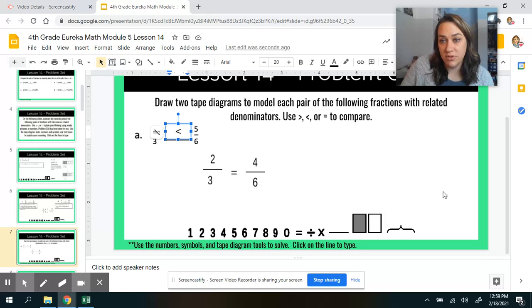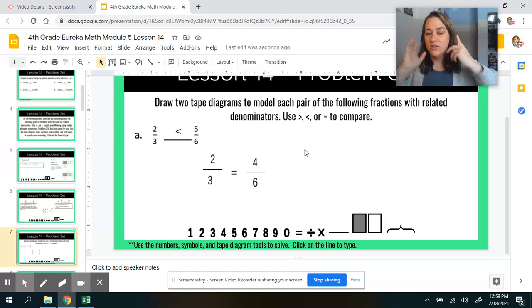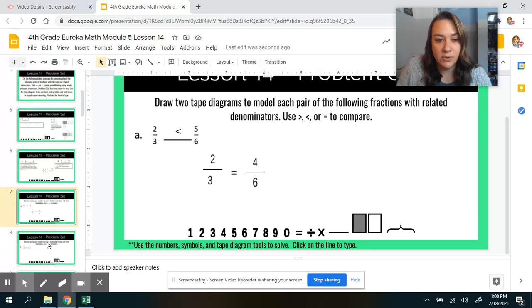We want you guys to be able to notice the relationships between numbers and say, well, 3 and 6, I know those are related because 3 times 2 gives me 6. When you're making equivalent fractions, whatever we do to the bottom, we do to the top. So we multiplied our 3 and 2 times 2, and then we can compare that a little bit easier. Okay, that one was really fast. We'll do one more.